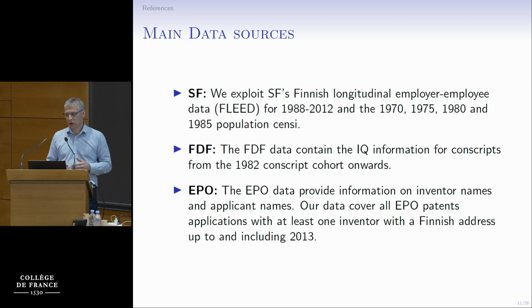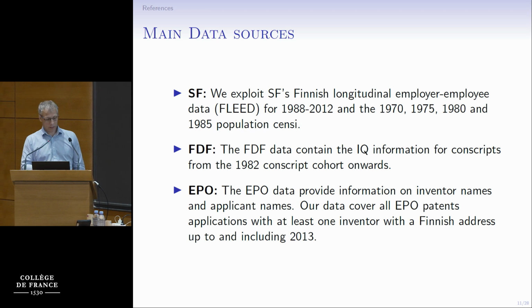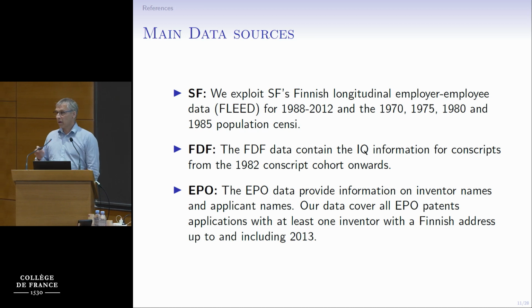And there's research showing that this selection is not consequential for the type of exercises we do, and as I said, for the cohorts we're interested in, the coverage is better than it is currently. And finally, our measure of inventiveness comes from the European Patent Office, so we use EPO patents. And we have the universe of patents where at least one Finn was one of the inventors.